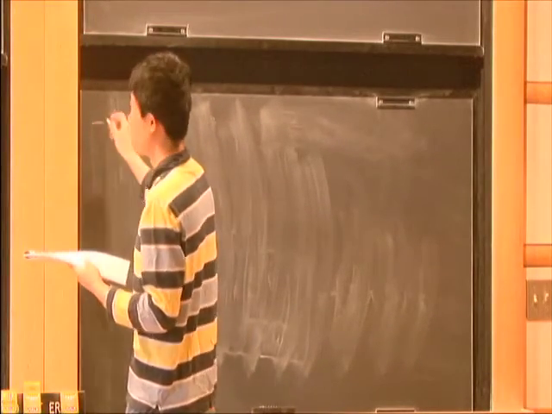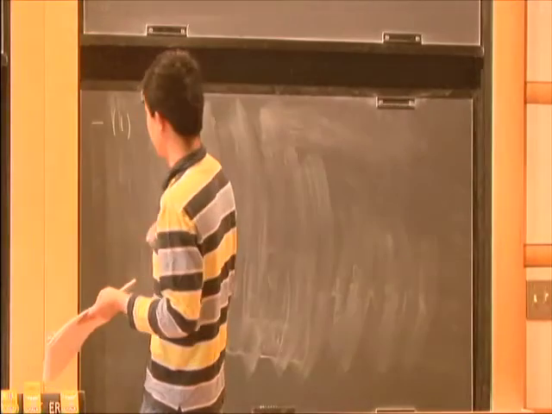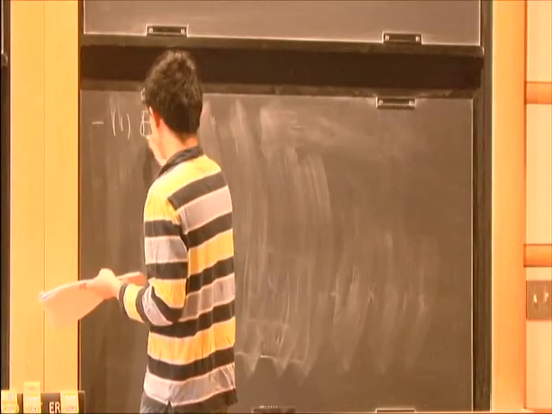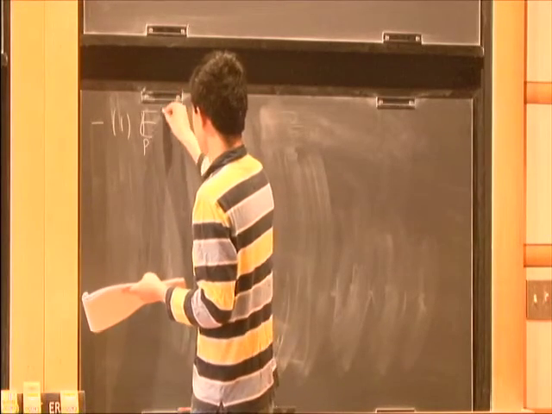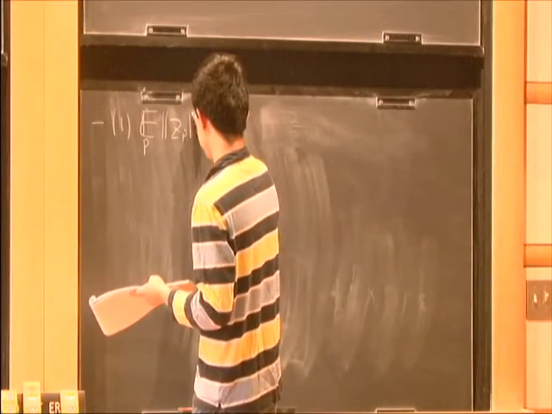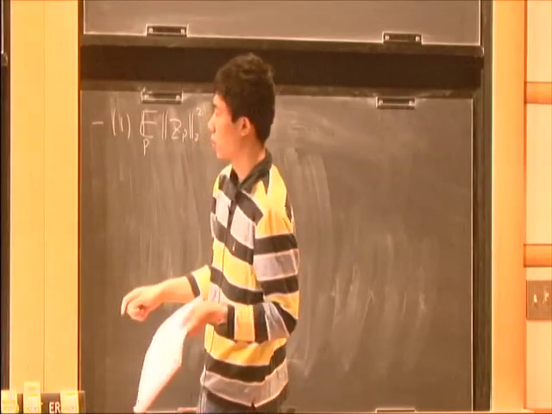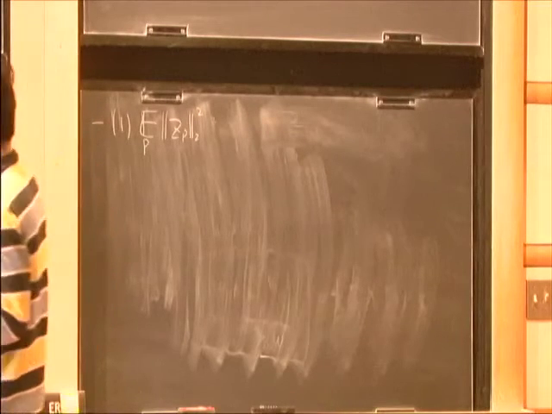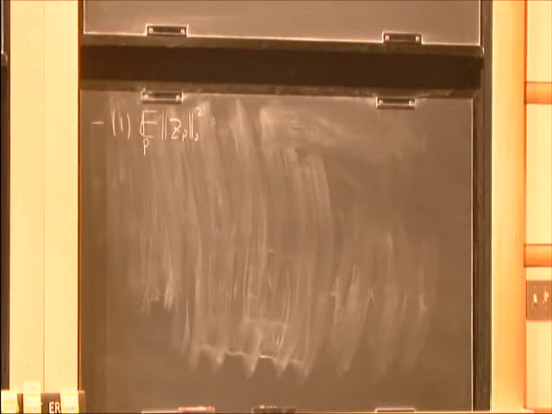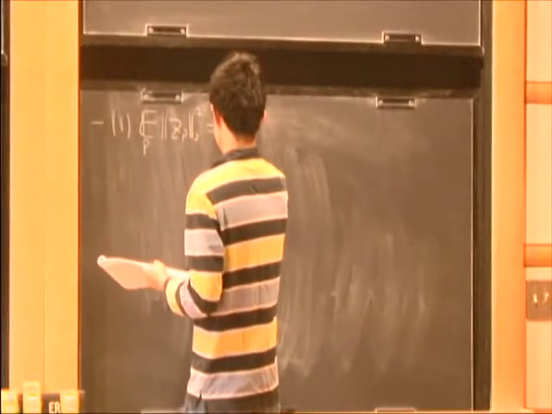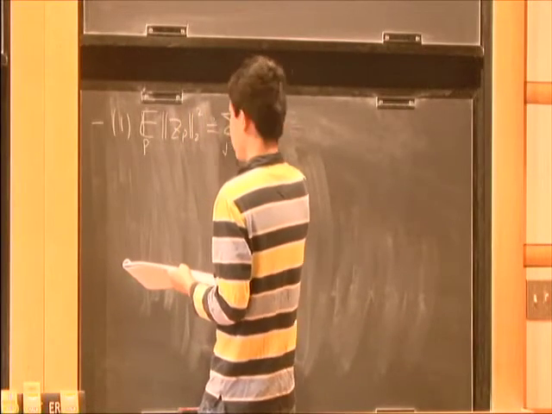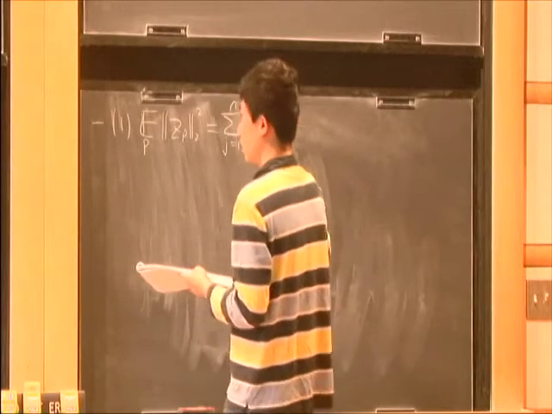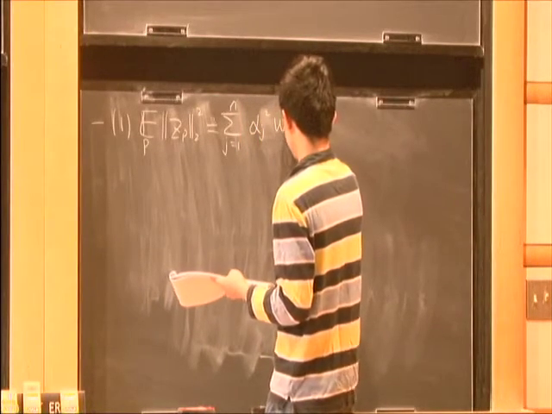Now for equation 1, we compute this expectation over the norm squared of ZP. But ZP inner product with ZP here is just sum of alpha j squared times wjp squared. So this is sum over j from 1 to n, alpha j squared, wjp squared.